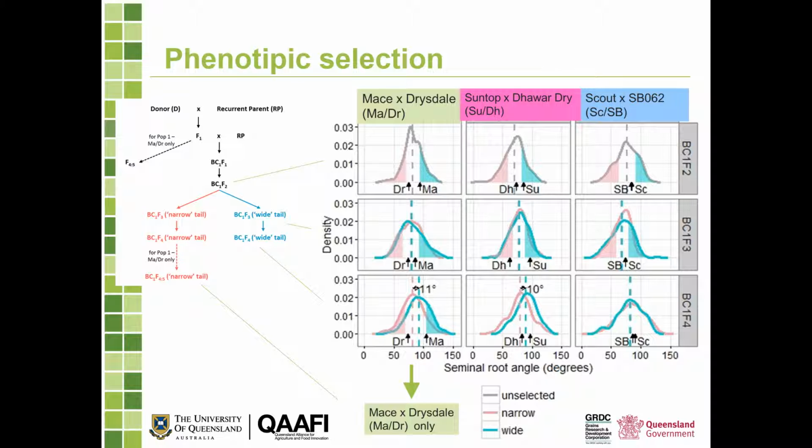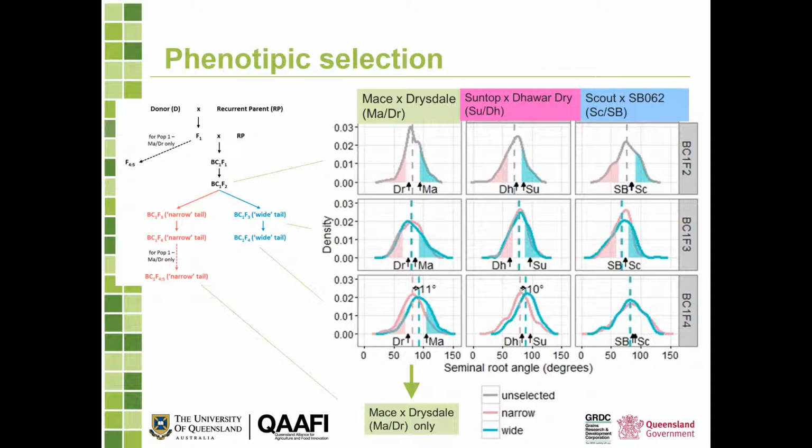So here's the blue wide tail and the pink narrow tail in that first generation of selection. You can see there hasn't been much movement in the phenotype in that first generation. It was the same for the Suntop Dawa Dry population and similar for the Scout SB population.